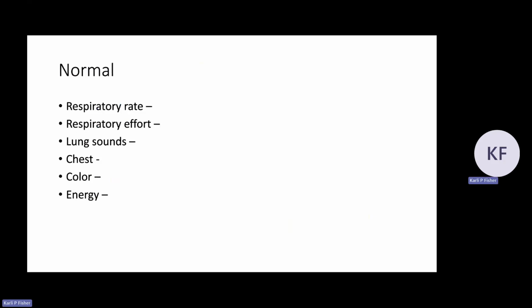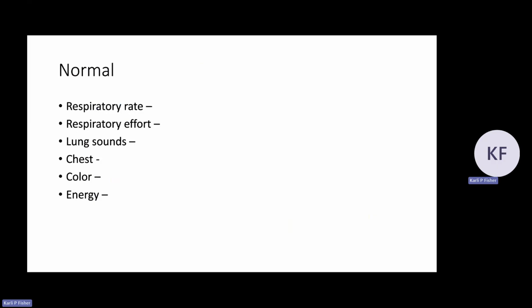You are expected to know the normals here. So you need to know the normal respiratory rate of 12 to 20. You should want to know that their respiratory effort is normal, which means at rest, we should not have any effort to breathe. We should have relatively easy breaths within that normal depth and rate.